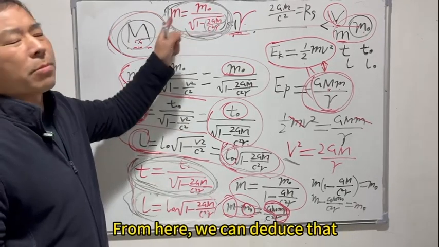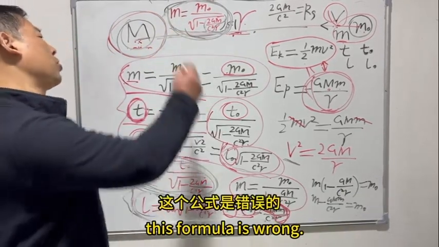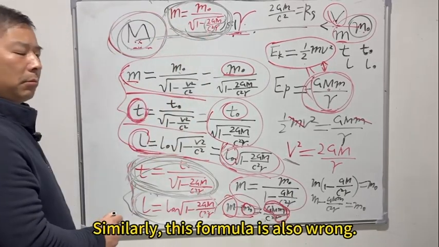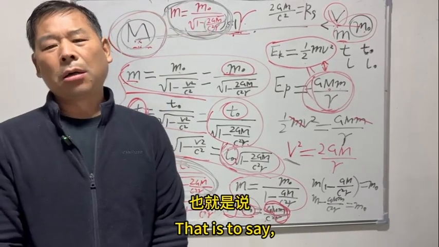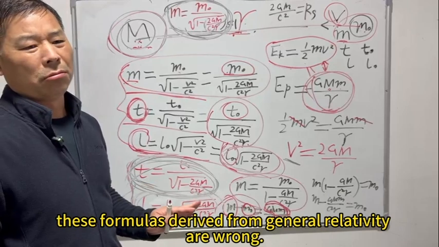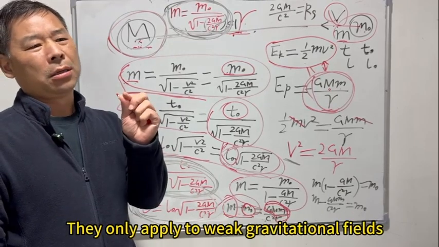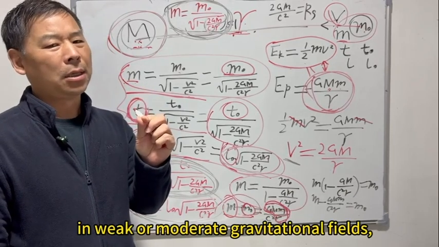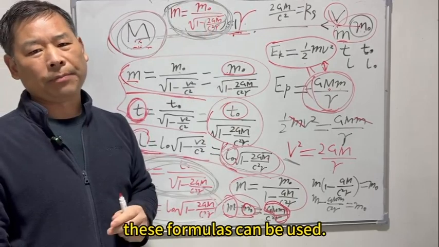From here, we can deduce that this formula is wrong. Similarly, this formula is also wrong, and this formula is also wrong. That is to say, these formulas derived from general relativity only apply to weak and moderate gravitational fields.